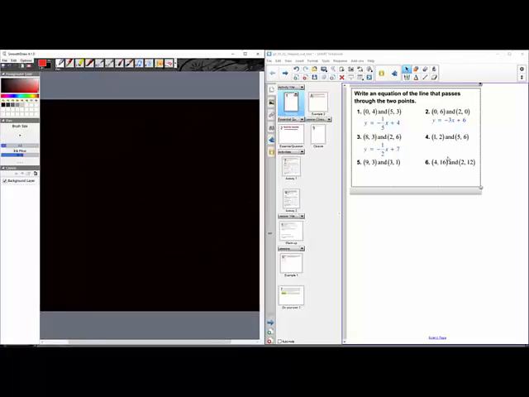So let's just try number 6. I'm going to do my xy, and I'll have 4, 16, and I'll have 2 and 12. So this is going down by 4, and this is going down by 2. So my slope is -4 over -2, or 2 over 1. And now I plug in y minus y1 equals m times x minus x1, just like I did before.